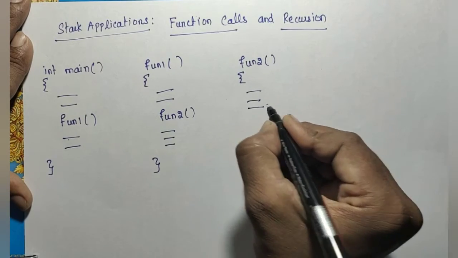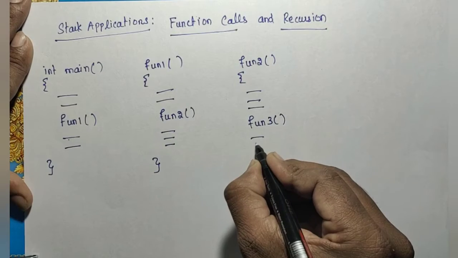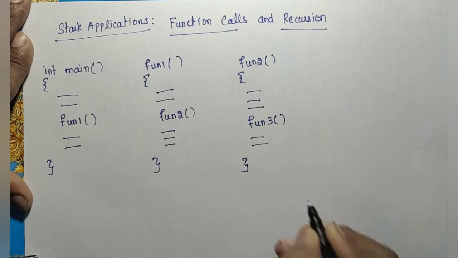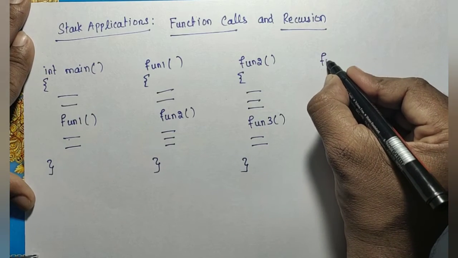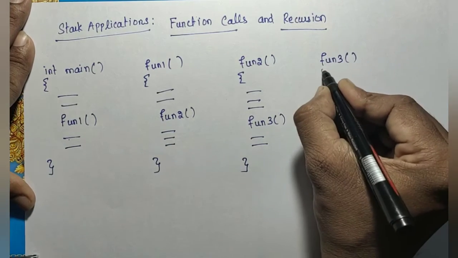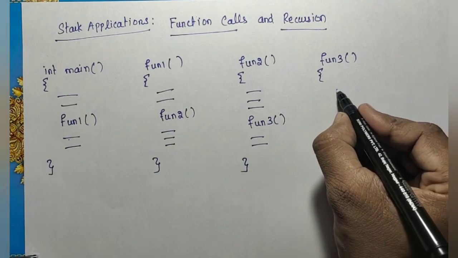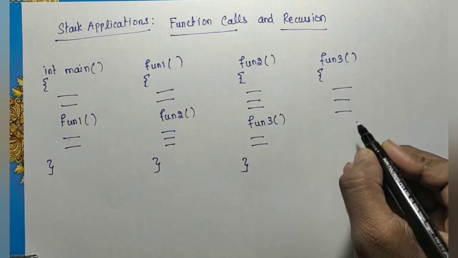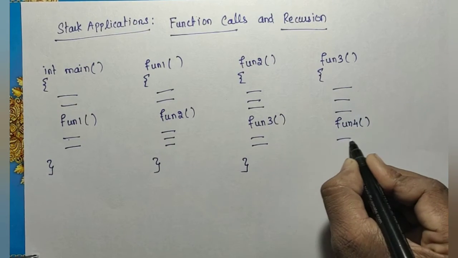which has another set of code, and then function 3. It is calling another function, function 3, and the end of that code. Again that is function 3. Here it has some set of code, and it is calling function 4.